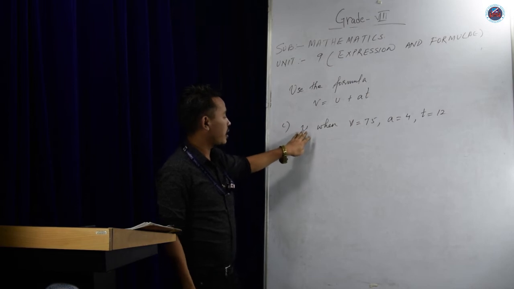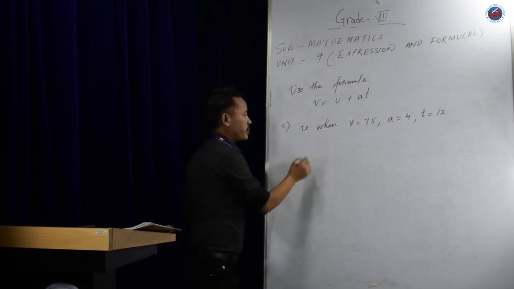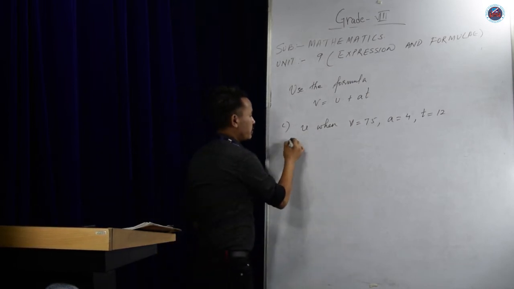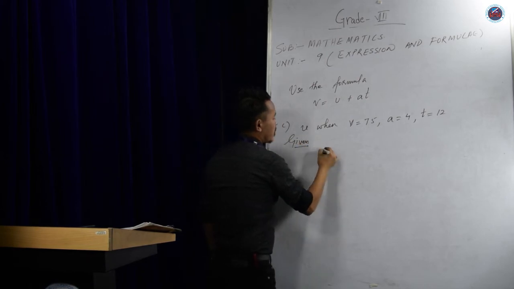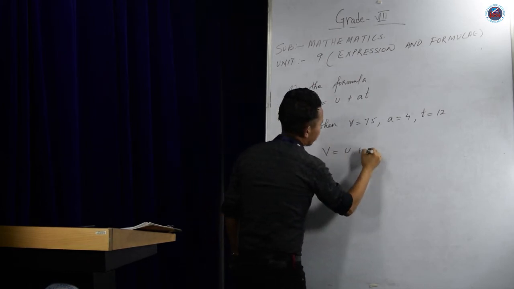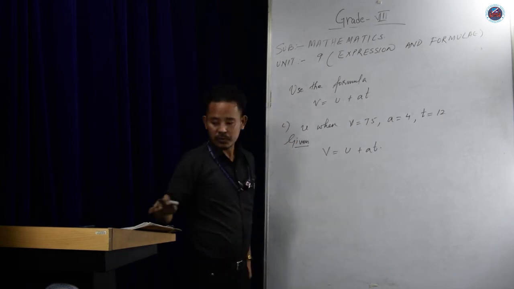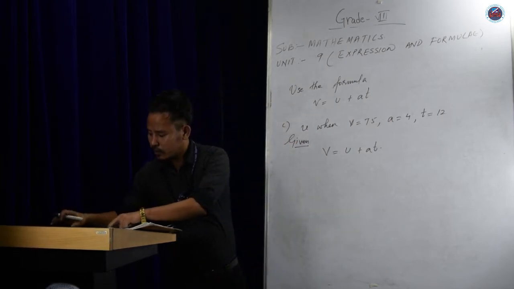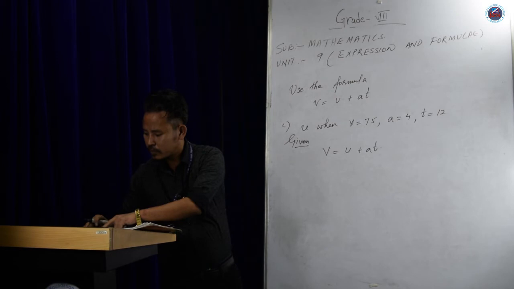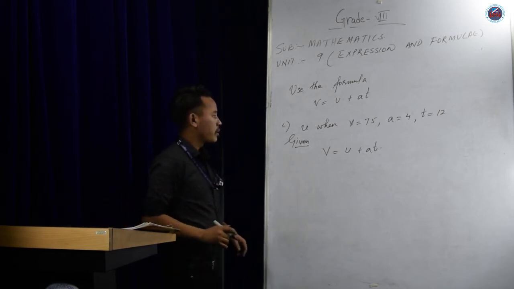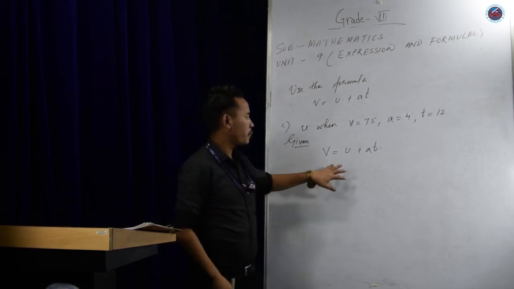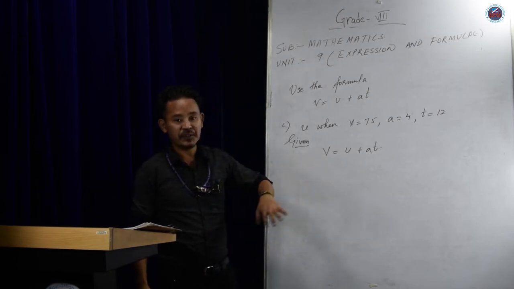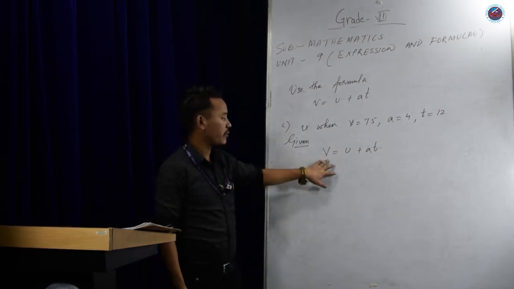But you can see here we are asked to find the value of u. That means the subject here is u. Given v equals u plus at, what we can do is change the subject.